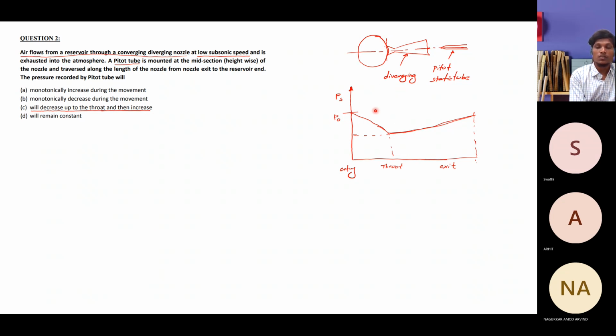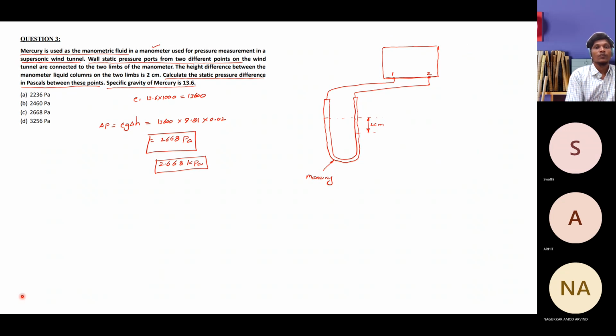The question asks the same based upon your theoretical analysis. It's not a pitot tube, it's a static tube that you place and move along the central line of the nozzle. It asks how the pressure is varying, and we clearly discussed how the pressure varies inside a convergent divergent section.